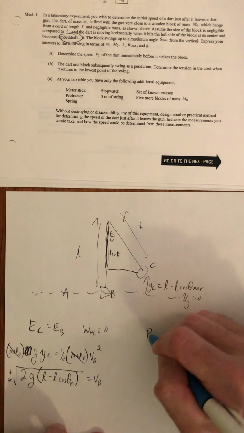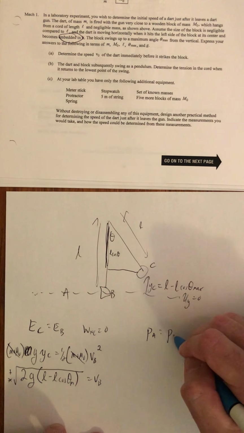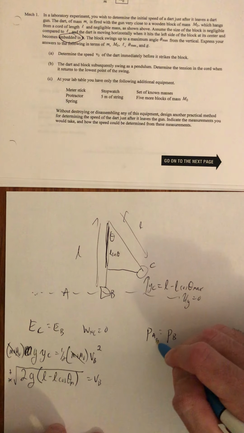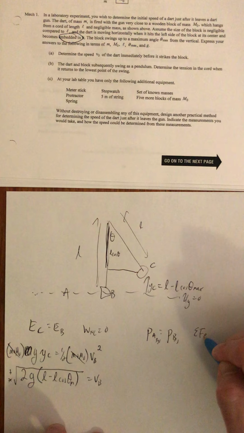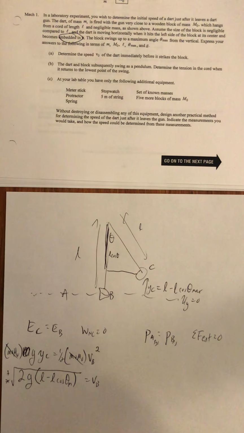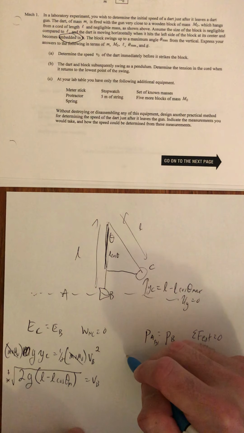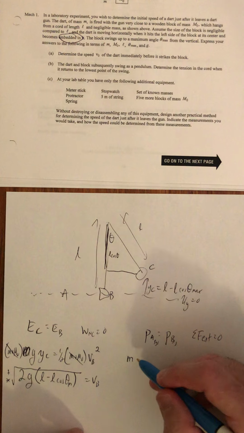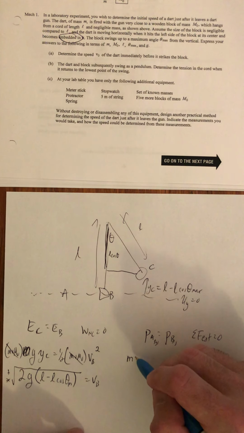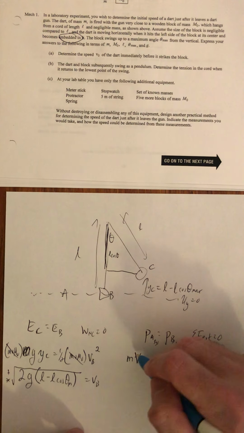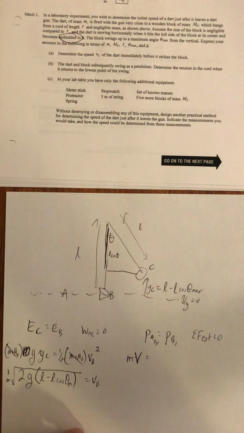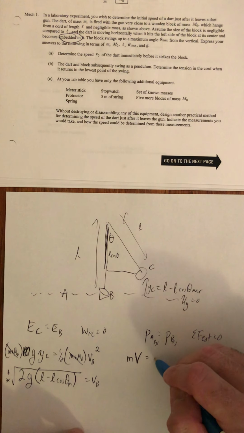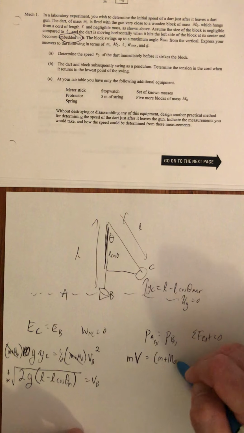And now we'll do the momentum at A is equal to the momentum at B of the system, because the net external force here is equal to 0. It's just the force of the dart on the block and the block on the dart. So initially I've got the v I want, so it's going to be the little m, because that's the mass of the dart, times the v that I want, equal to M plus M naught times that.